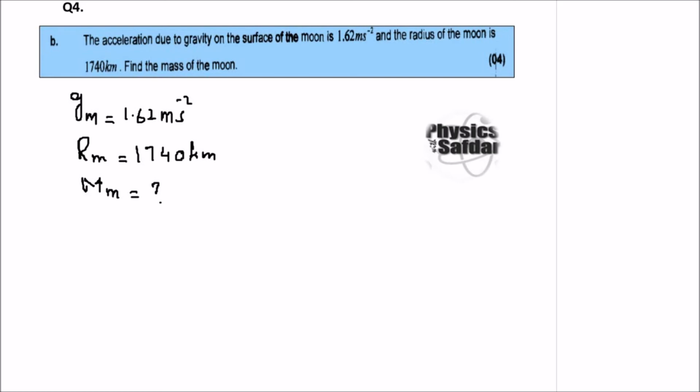When we deal with a planetary system, then you need to write the gravitational constant, that is capital G. You can write capital G, 6.67 into 10 raised to the power minus 11 with unit Newton meter squared per kilogram squared.